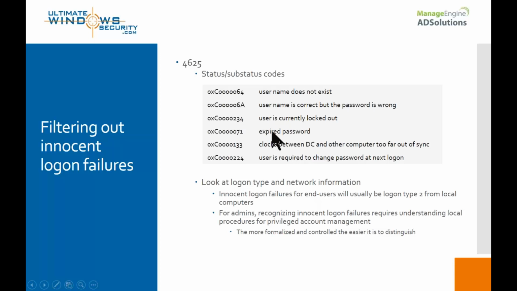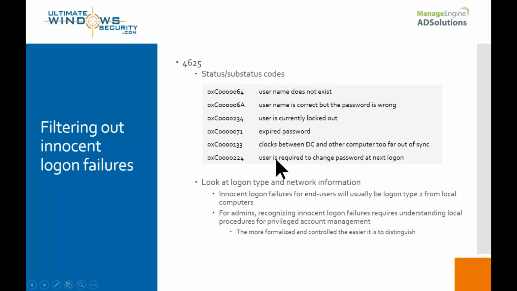What if they didn't pay attention to password expiration reminders, and so they come in Monday morning, they can't log on because the password's expired? 71. What if their workstation's clock, for whatever reason, is more than 5 minutes out of sync with the domain controller's clock? Then Kerberos will fail, and locally on that computer we'll get a 133.